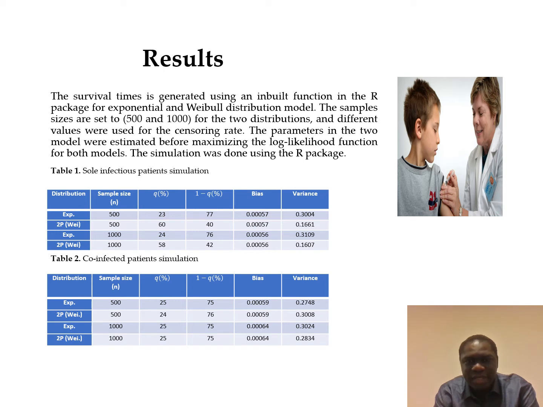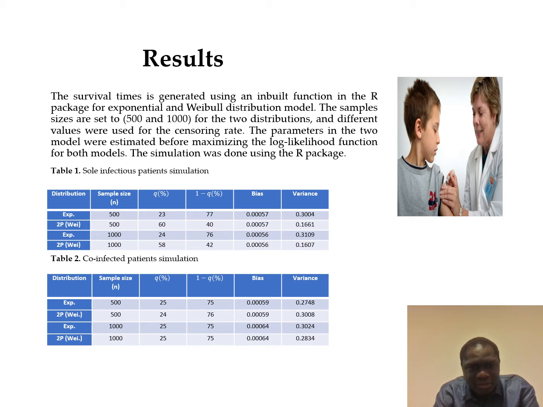The parameters in the two models were estimated before maximizing the log likelihood function for both models. The simulation was done using an R package. The two tables you can see there show the sample used, and the cured and the uncured calculated, bias and the variance.